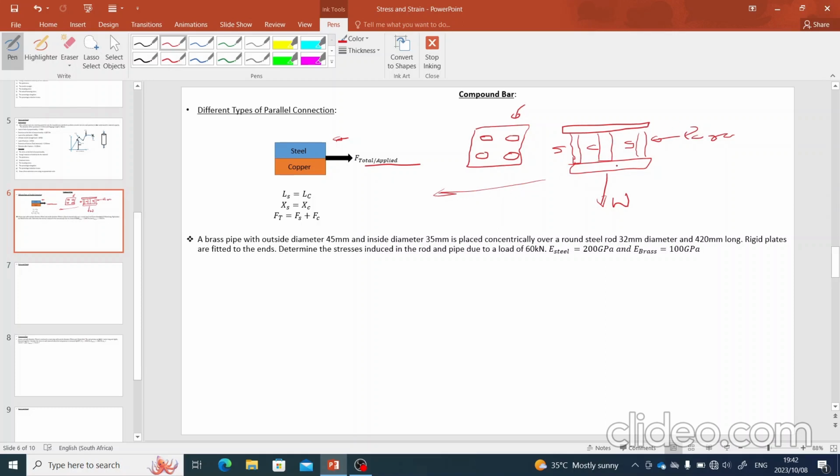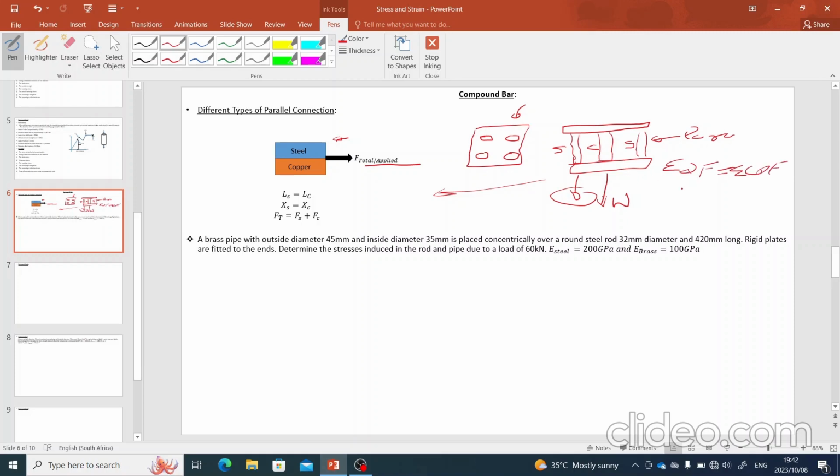But when coming to this one, if this force is not at the center, it is somewhere there, how you are going to calculate the force applied or the forces acting on this beam, you will then use the equilibrium principle. What is the equilibrium principle? It is the sum of the clockwise forces equals the sum of the anti-clockwise forces.